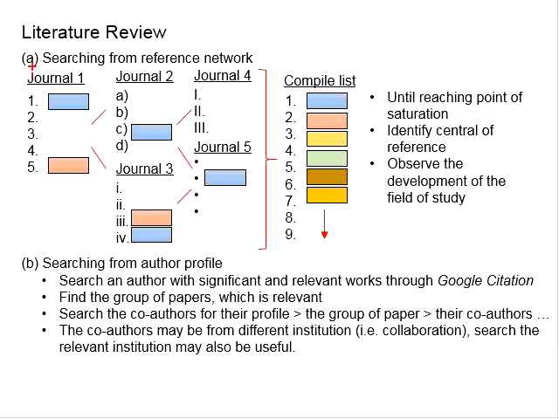By observing this spider web, it's easy for you to identify the papers which give significant contributions and are widely acknowledged by the research community within the field of study.